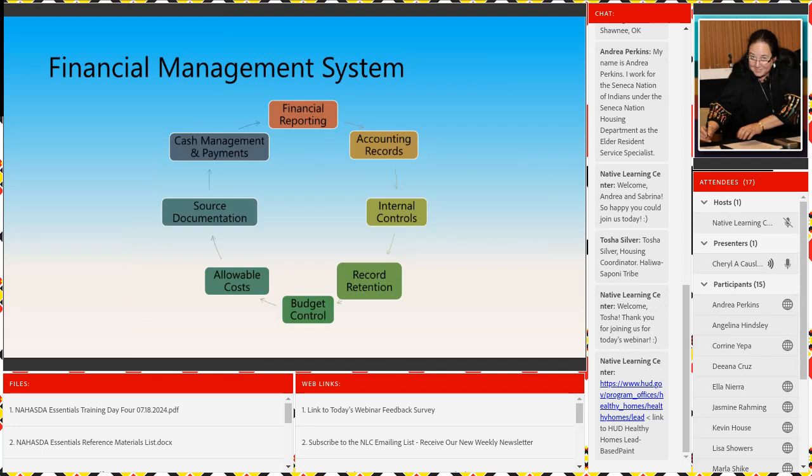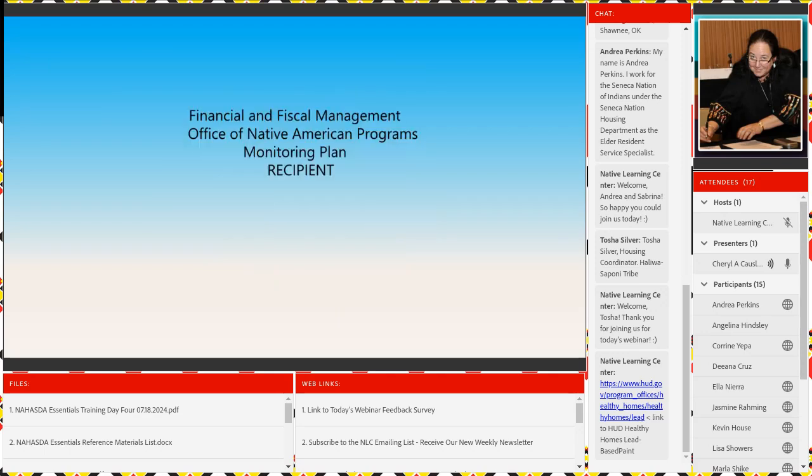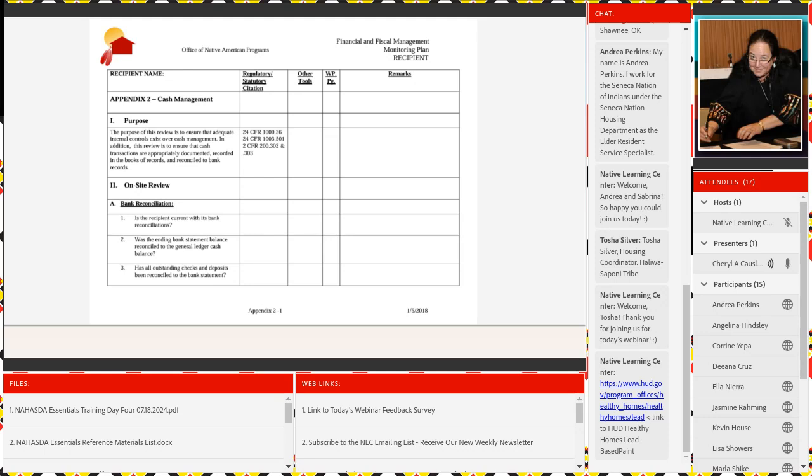Your financial management system, financial reporting, accounting records, internal controls, record retention, budget control, allowable costs, source documentation, and cash management and payments. Your financial and fiscal management, the Office of Native American Programs Monitoring Plan, recipient. This is what they're going to look for, okay?